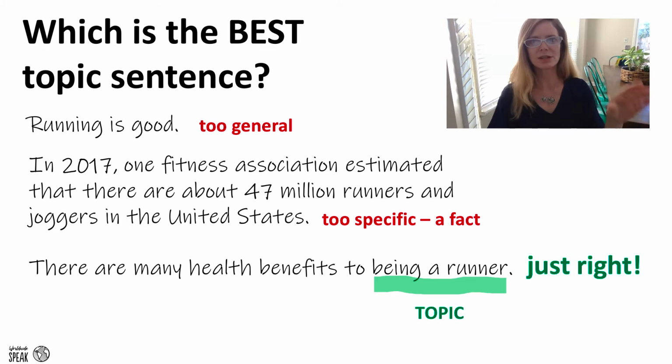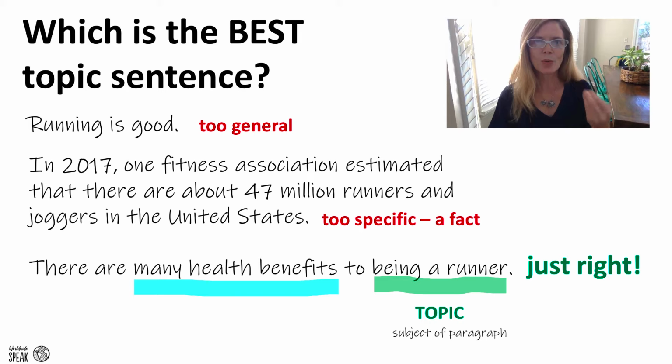So being a runner is the subject, that's the bigger idea, that's the topic. And then how did we focus on being a runner? What part or what aspect? So we decided to have the controlling idea be the many health benefits, right?